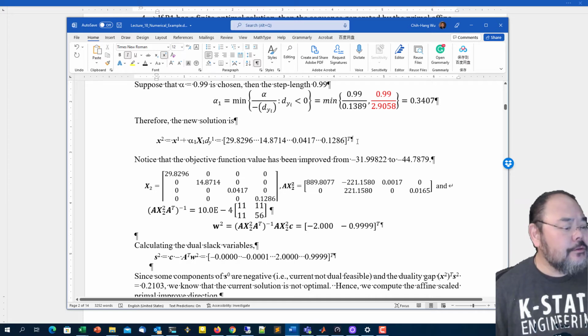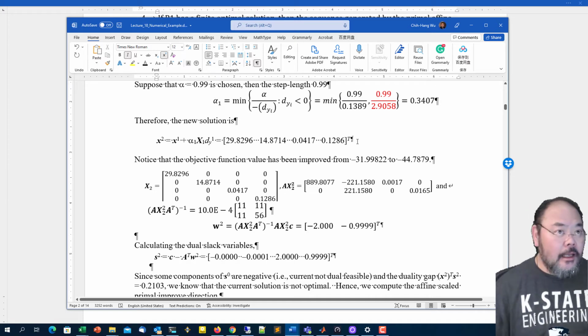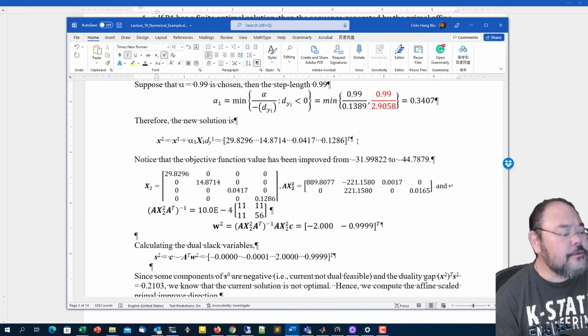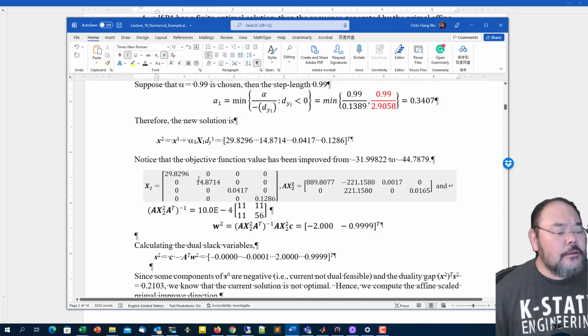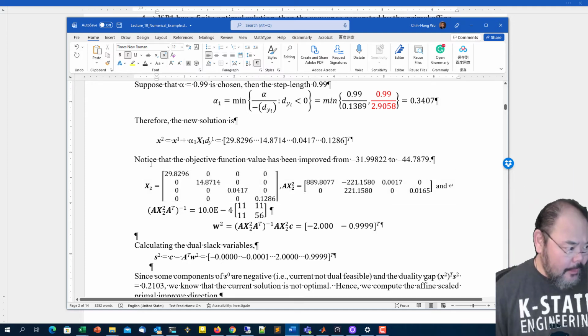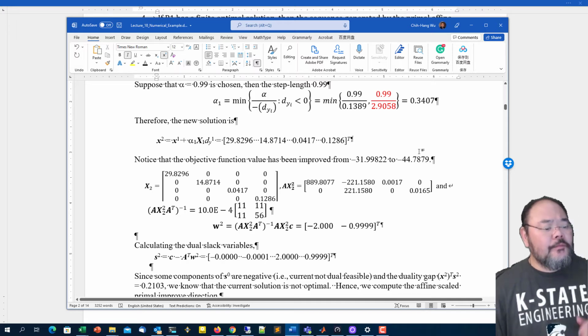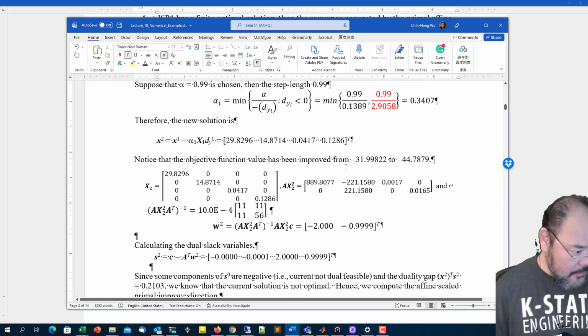And I use MATLAB for all the matrix computations, so I don't have to be so concerned about calculation mistakes. And the objective function after the update at the new x improved from negative 32 almost to negative 44.79. Can do one more step.